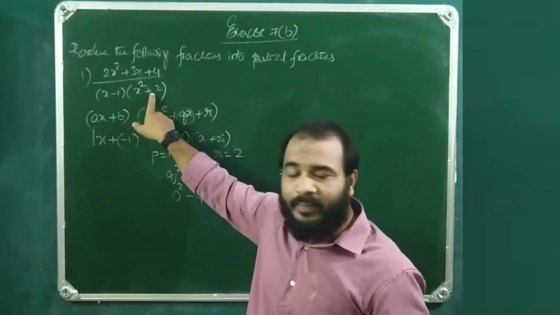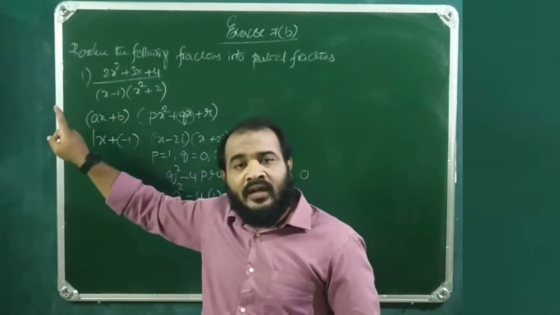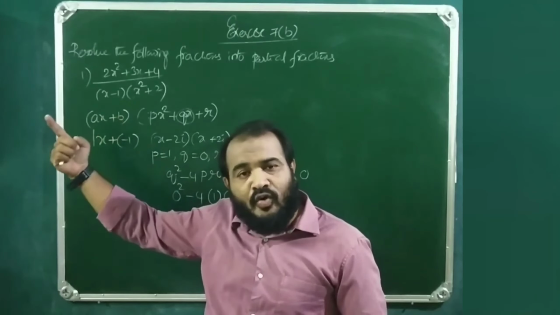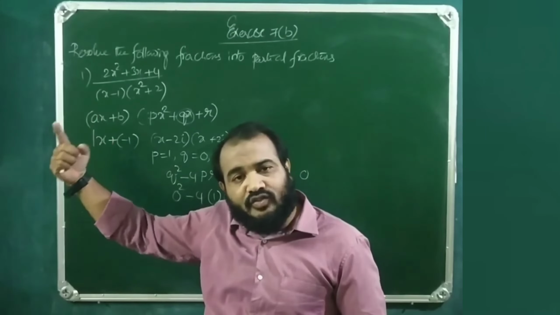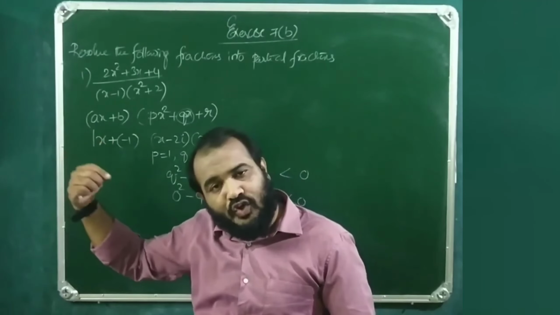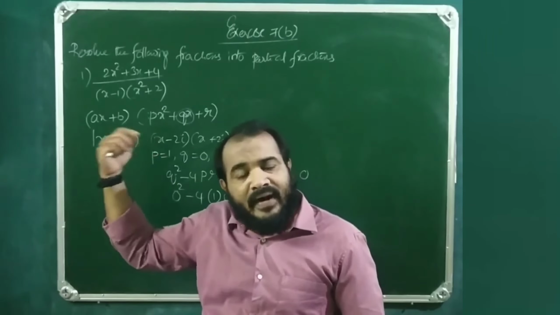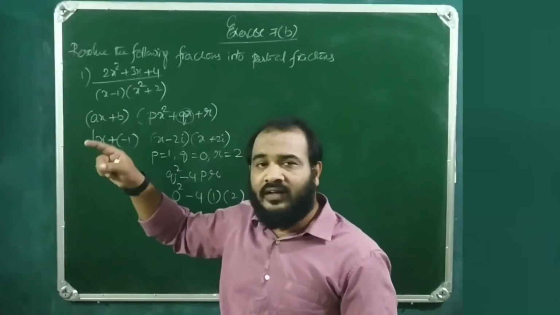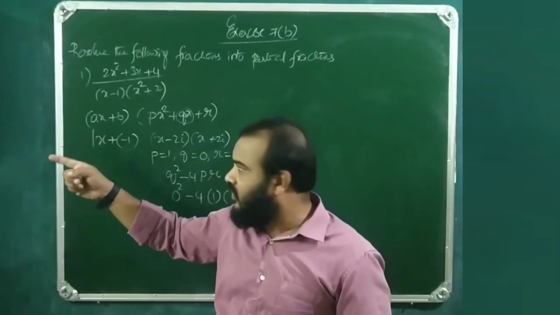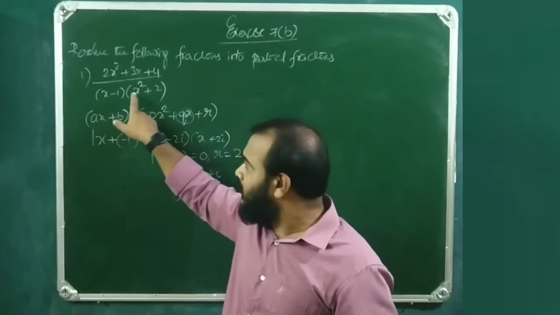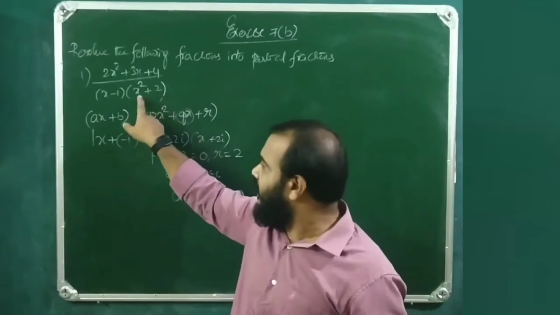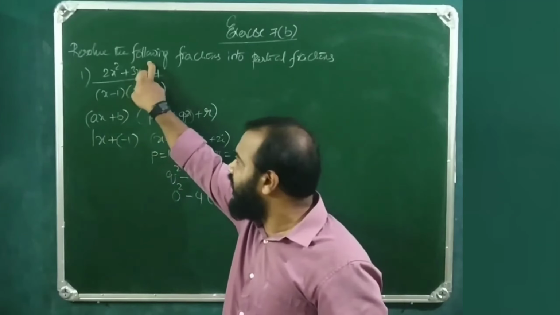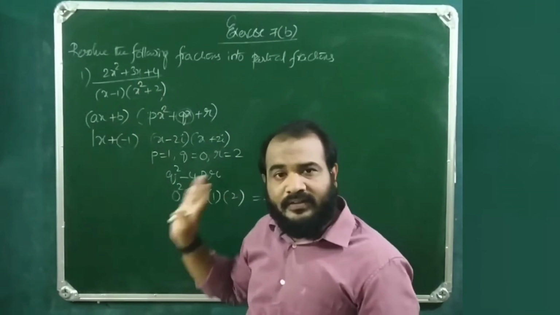So here x square plus 2, for each non-repeated irreducible quadratic factor of ax square plus bx plus c of g of x, there will be a partial fraction of the form ax plus b by ax square plus bx plus c. So here a is used, so bx plus c by x square plus 2. So this is A by x minus 1 plus bx plus c by x square plus 2.